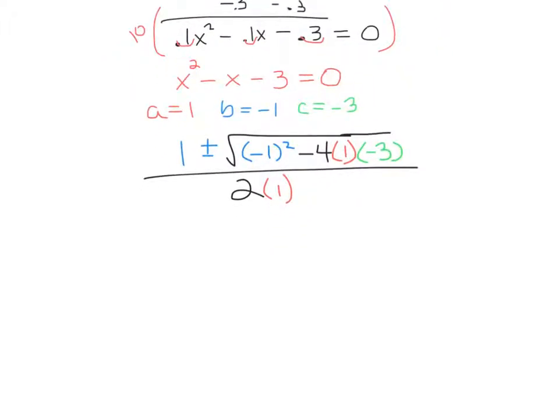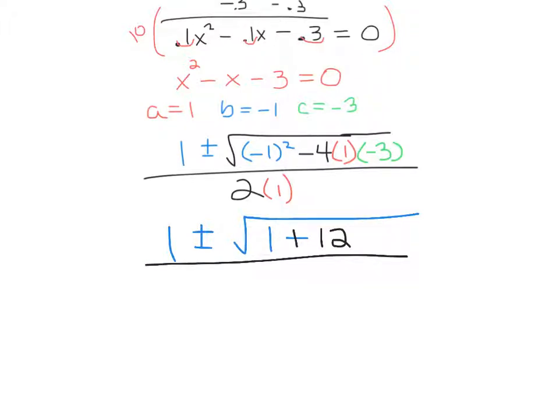Simplify what's under the radical sign. 1 minus negative 4 times 1 times negative 3 gives me positive 12, all divided by 2.